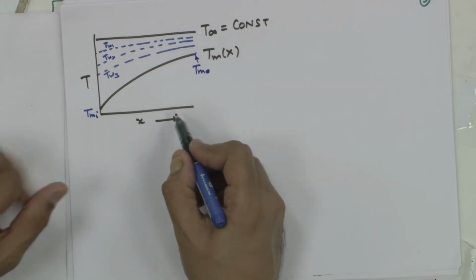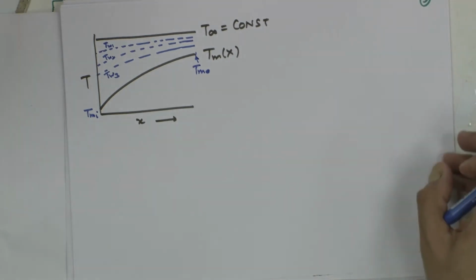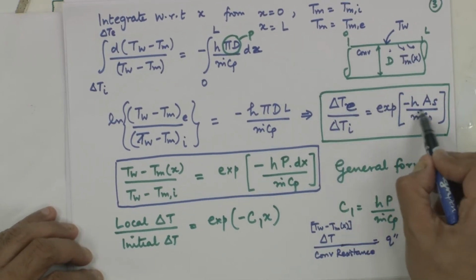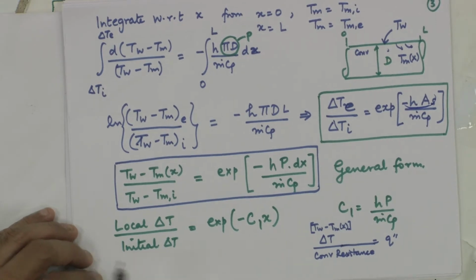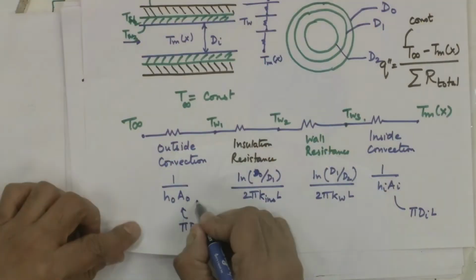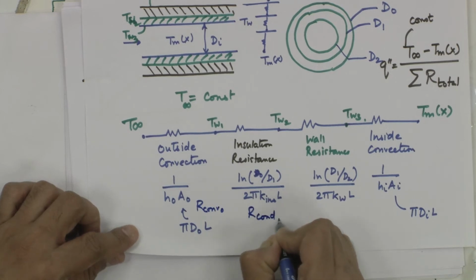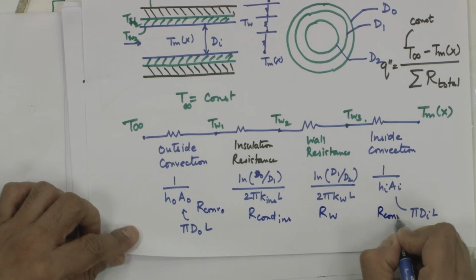Okay. So, what I am trying to say here is the same concept that was derived for one resistance associated with heat transfer, namely 1 over this one H into A, can be replaced by a sum of resistances. The sum of resistances is nothing but R convection outside, R conduction insulation, R wall, R convection inside.